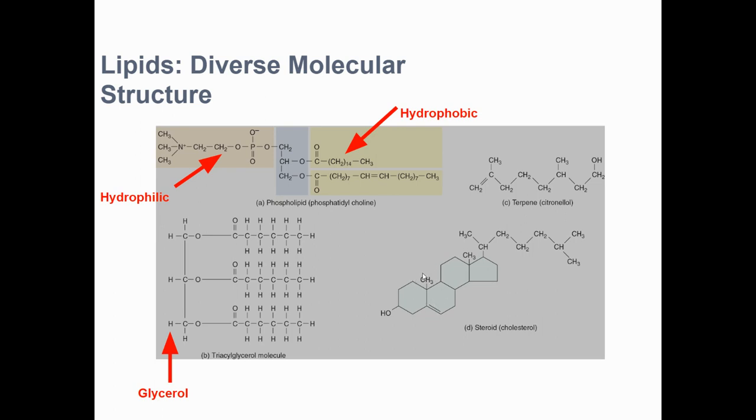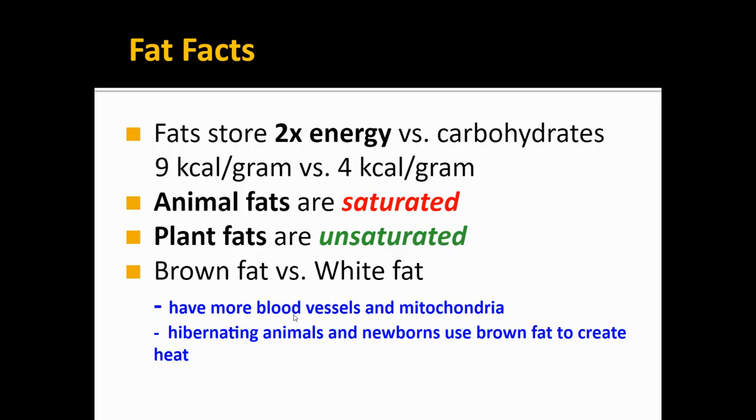Here's a methyl group. Methyl groups make it non-polar. Another methyl group, all methyl groups. So this steroid has one hydroxyl group, but it has so many more non-polar methyl groups that this molecule is insoluble in water. The same goes for the terpene, and the same goes for the triglyceride over here. They're still insoluble in water, mostly non-polar.